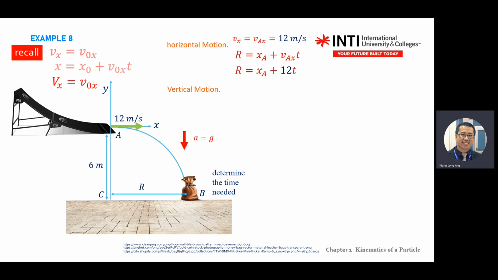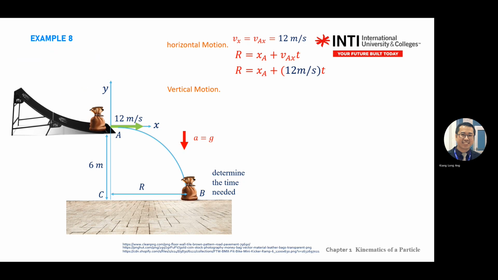When you solve a question, remember to explain the notation, the parameters that you use. So you replace, you will get this one. Then you solve for vertical. Again, for vertical you also need to derive the equation by substituting the location and also the acceleration.